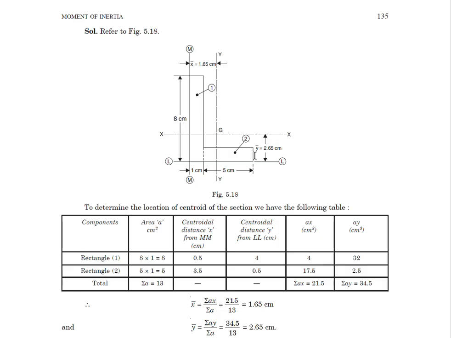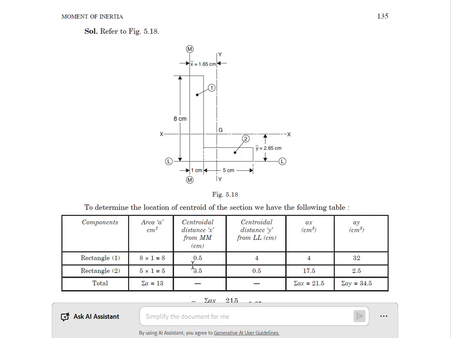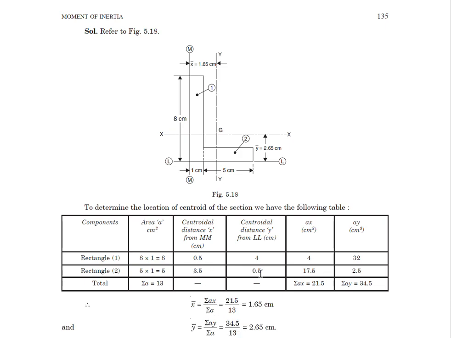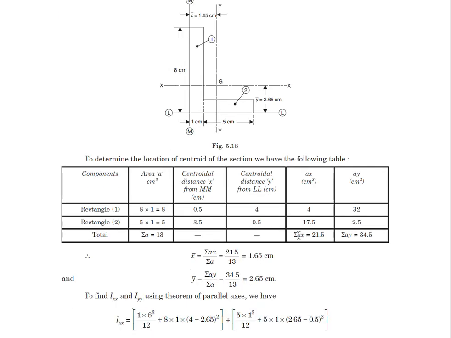For this also we'll find the distance from the leftmost line as well as the bottommost line, that means mm and LL. These are mentioned over here, and similarly you find the ax and ay for this rectangle, and finally you sum these up: sigma ax is equal to 21.5 and sigma ay is equal to 34.5.